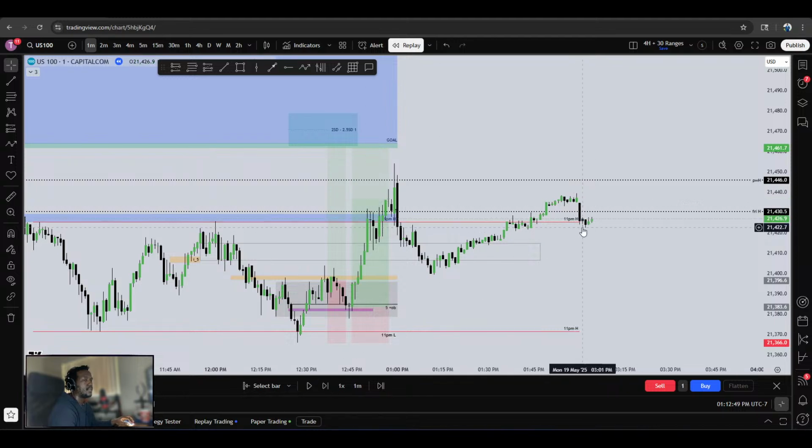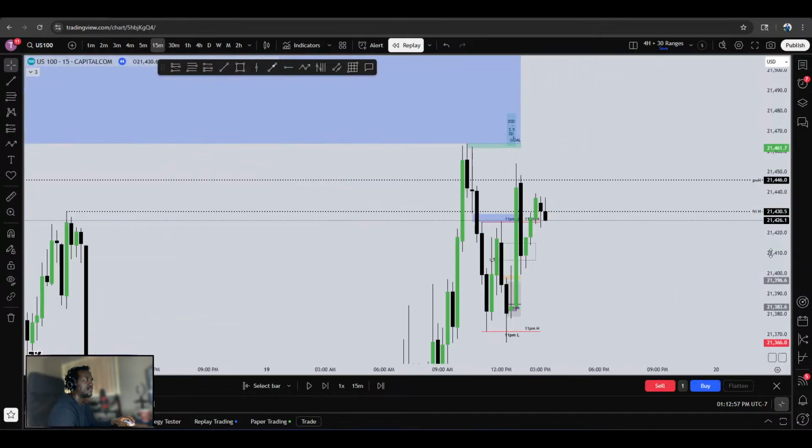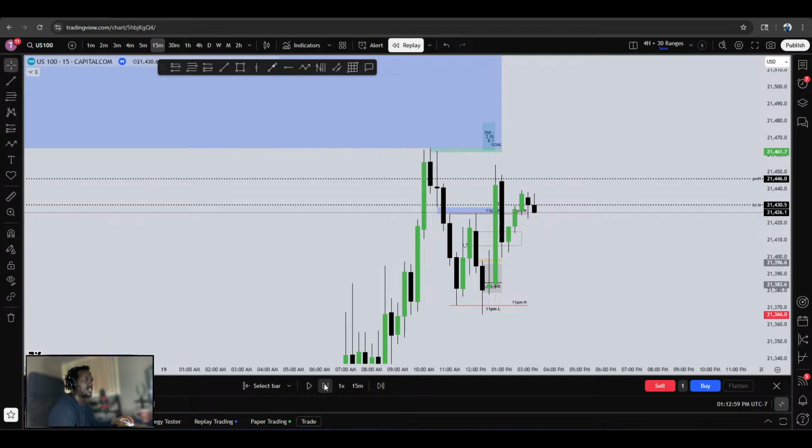So we open and we shoot down. So that's 3. I just want to see what really happened, so I'm going to go to a 15-minute time frame, because I think I checked this price around, what time is it, and then at 4:15 and 4:30 p.m. it just shoots up and we hit that goal.